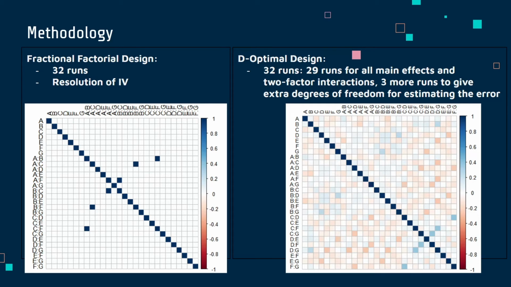In this design, all main effects and 2-factor interactions are partially aliased with each other, so we have to be careful with the multicollinearity. After we check the VIF score, there are no parameters with VIF greater than 2, so we don't have to worry about such an issue.